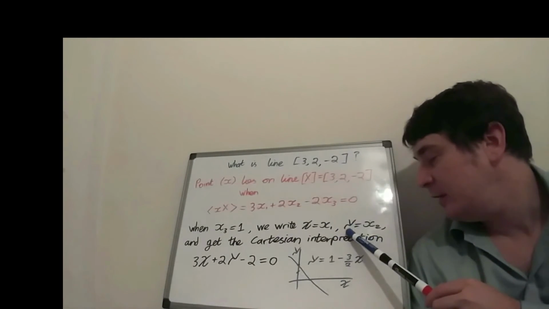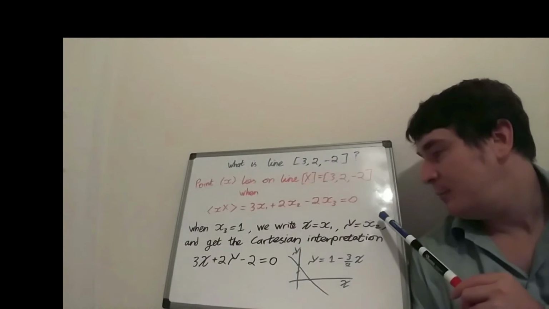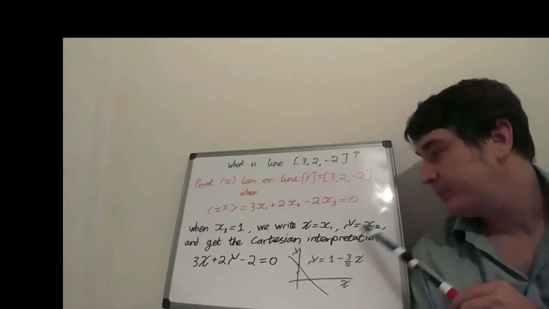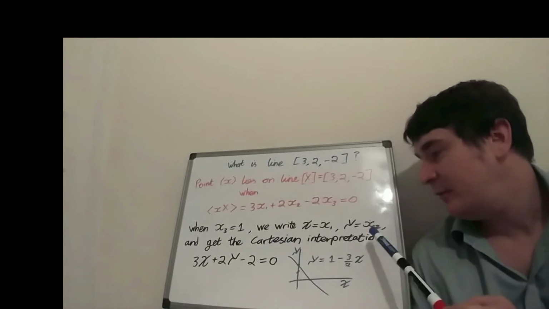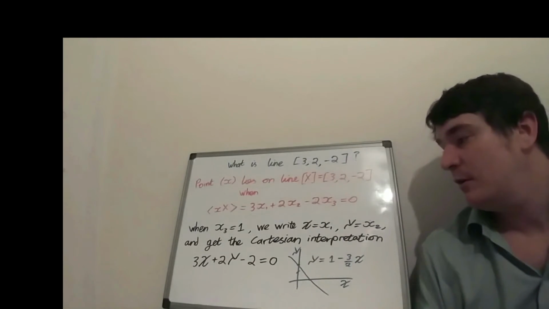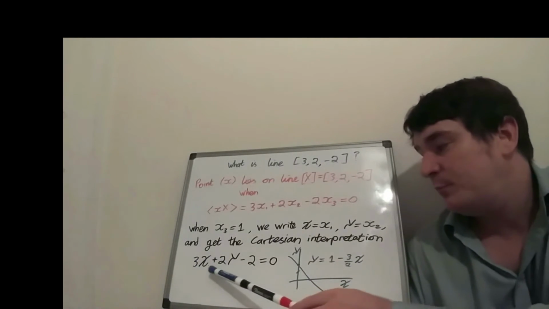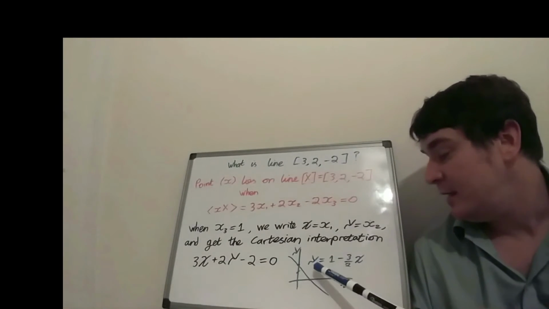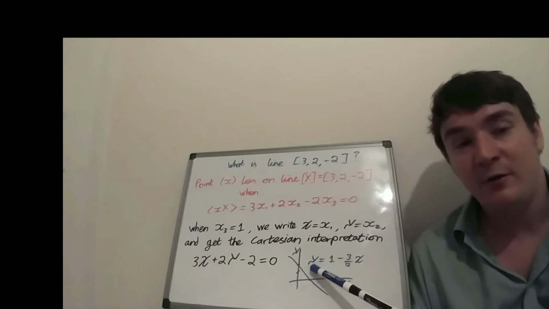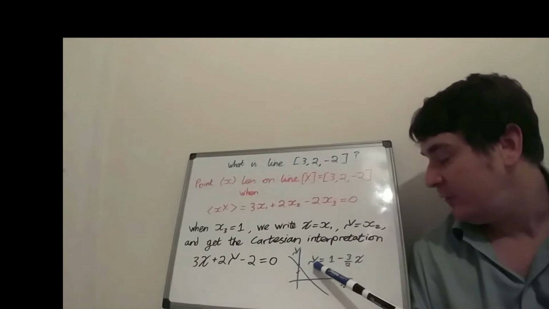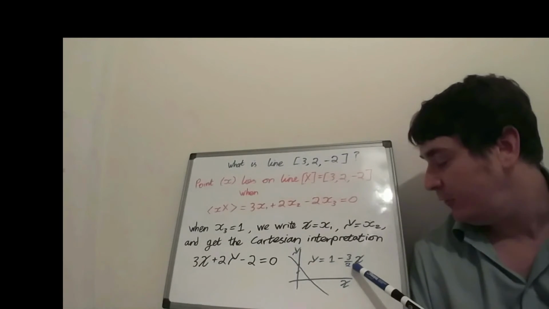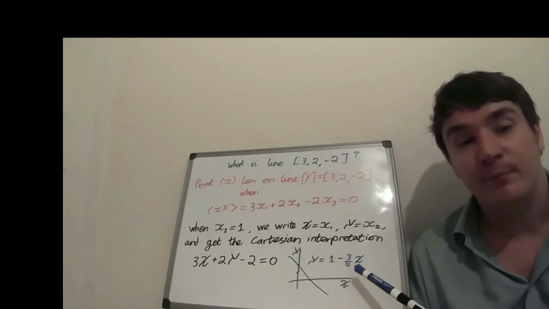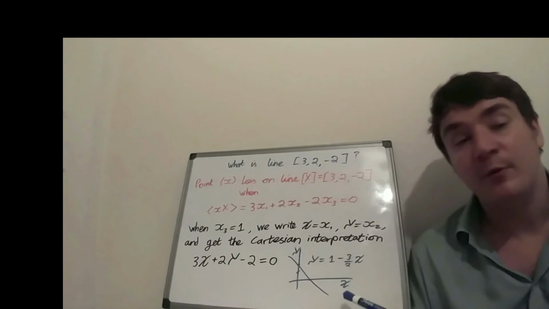Similarly, a curly y is now represented by x2. And so we can see that this has the Cartesian equation 3x plus 2y minus 2 equals 0. We can rewrite this in the usual way, so we have y is equal to 1 minus 3 over 2 x. And we can draw this equation.